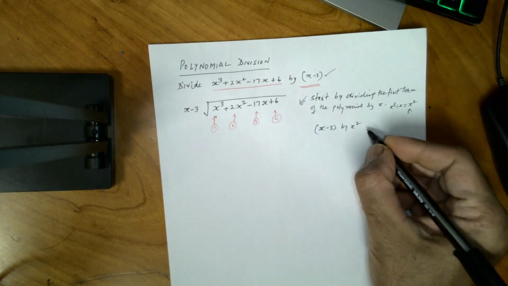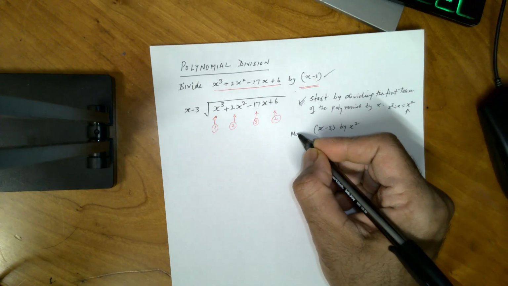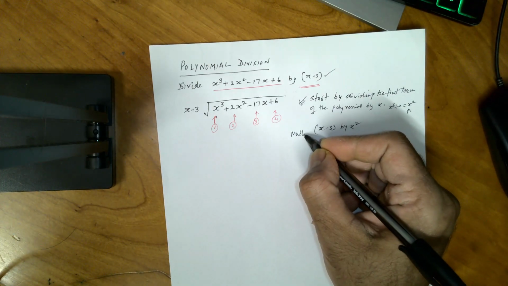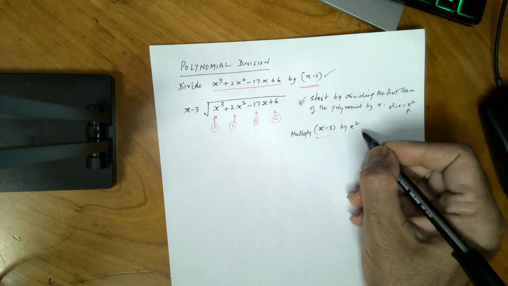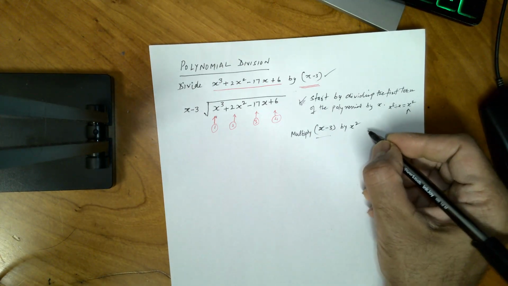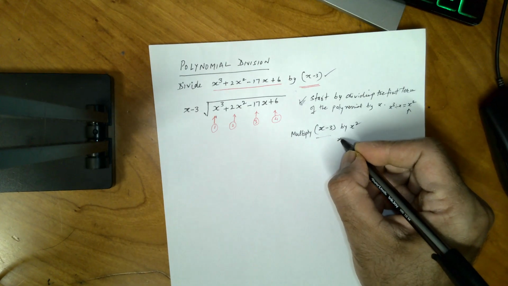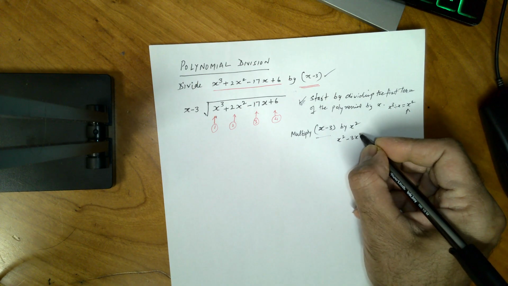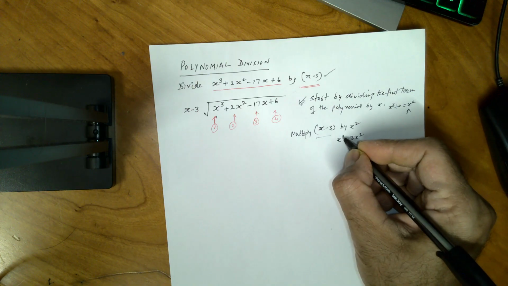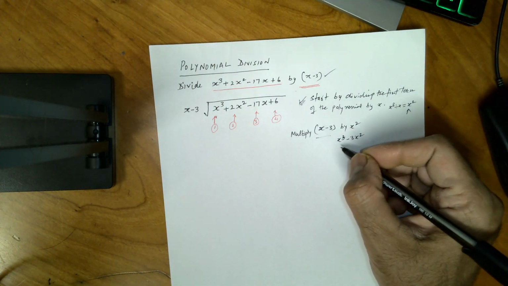Now, the next thing you do, you multiply x minus 3 by x squared. So what do you get then? You get x cubed minus 3x squared, sorry x cubed. Okay, this is what you get.